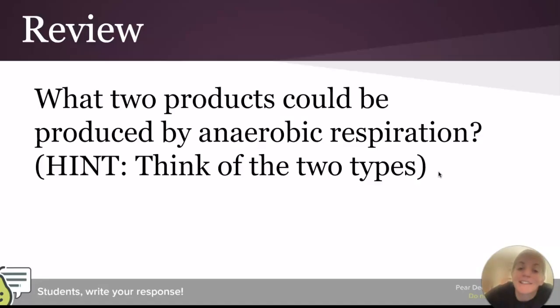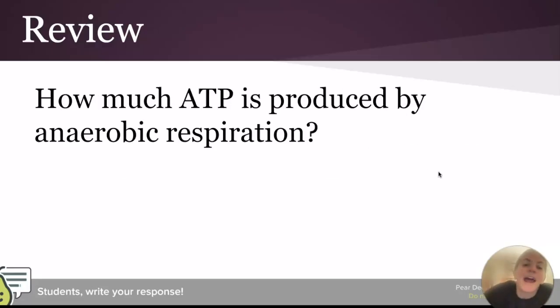It could either be lactic acid produced in lactic acid fermentation, or it could be alcohol produced in alcohol fermentation. And how much ATP is produced when you go through anaerobic respiration? If you guessed 2, you're correct. So it's much smaller than aerobic respiration.